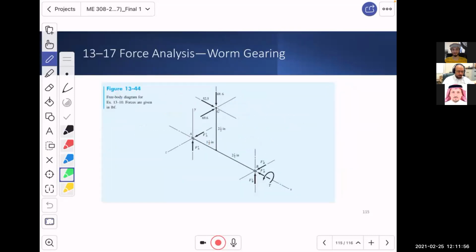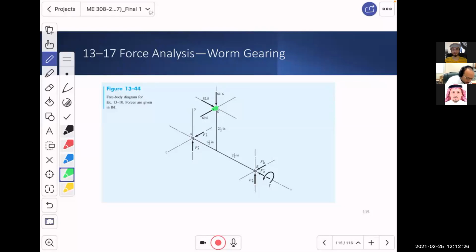So this is the free body diagram. Same business as usual. If you look, a worm gear is no different than the helical gear in the sense that the point of engagement, where the two gears engage and the whole forces act, is just on top of the axis where the bearings are.